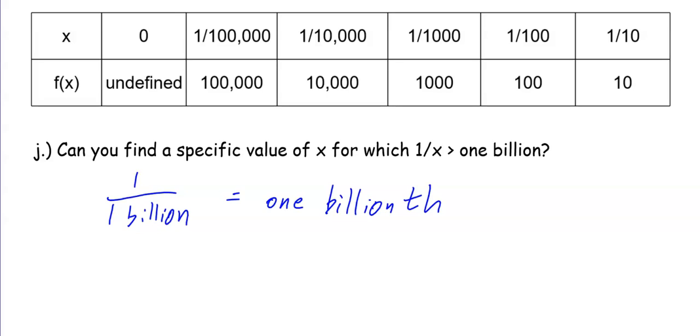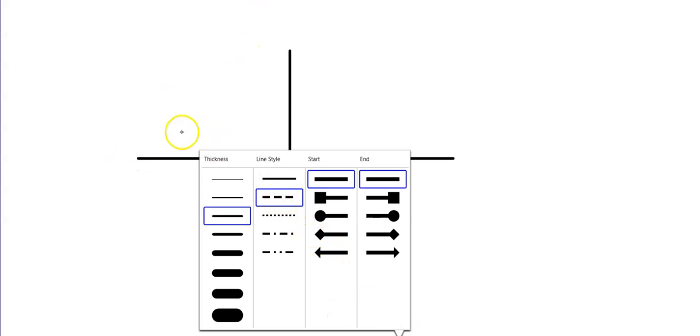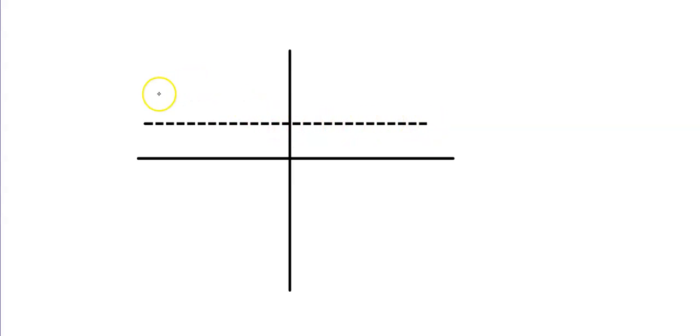Alrighty, so in this video we introduced the concept of horizontal asymptotes. A horizontal asymptote is a horizontal line that a graph will approach but never cross. We can approach it from the positive side, coming in and getting really close to that line, but never touching it. The same thing happens if we go to negative infinity.